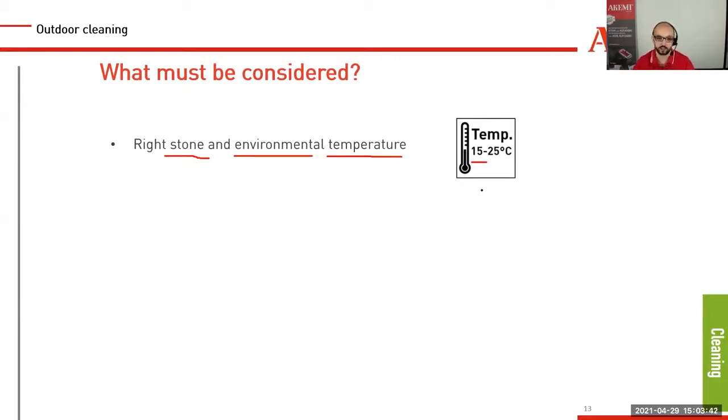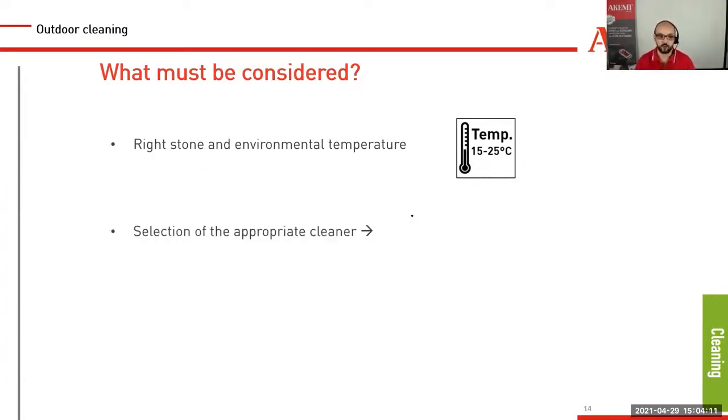That's why you should always keep in mind to have a warmer stone condition. The best condition is between 15 and 25 degrees Celsius. If the temperature is above 25 degrees Celsius, it's not a problem. Below 10 degrees Celsius, you should really wait until the stone and the environment have a warmer temperature, to get the best effect.